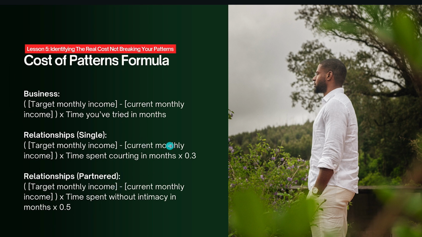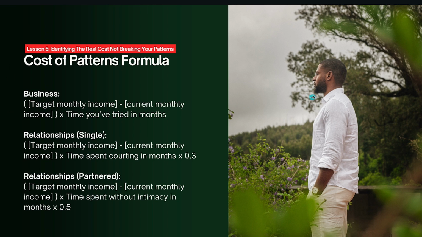Even worse than when you're looking for a relationship and you don't have that sexual connection. If you have a connection with a partner, and things are not connecting at the level you wanted, that's affecting you and it's also affecting your ability to reach a higher income level. So we'll combine income and time in partnership or searching for a partnership because that gives you a dollar amount.